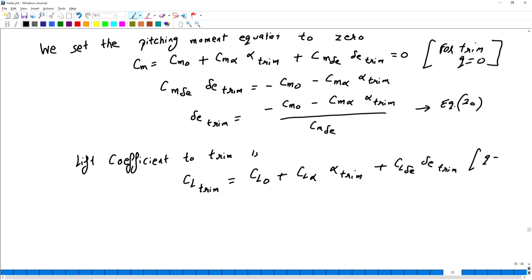Again, Q dependency is 0. So we know that CL trim for a particular flight condition can be written as 2W upon rho V square into S. So we know the weight of the aircraft, we know the density, we know the aircraft is flying at what altitude, we know the velocity, we know the area. So this CL trim is actually known to us.